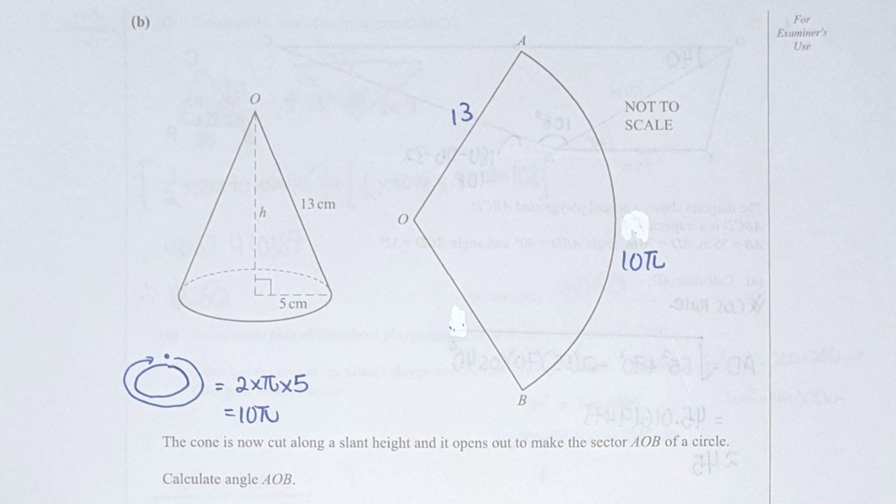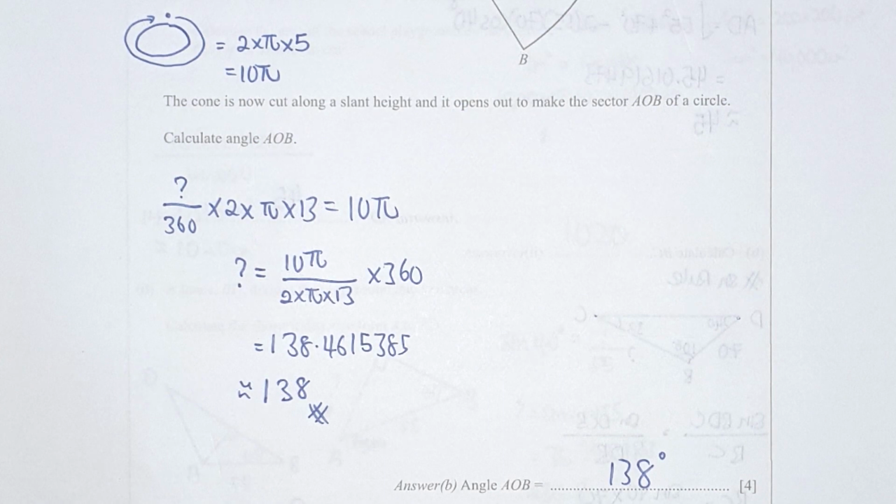So the OA is 13. Okay, so for you to calculate the sector angle of AOB, simply set it as unknown, divide by 360, times 2 times pi times r equals 10 pi. So after the calculation and rounding the answer to 3 significant figures, you will get 138 degrees.